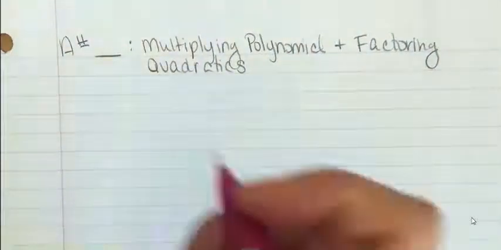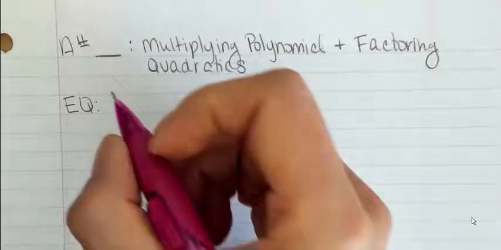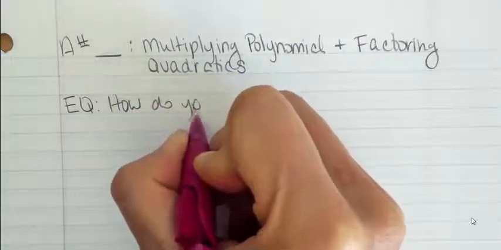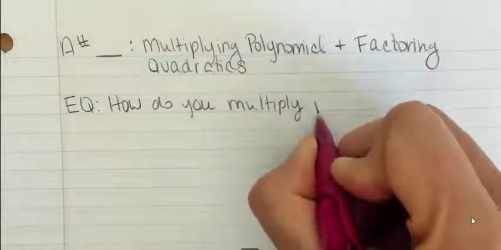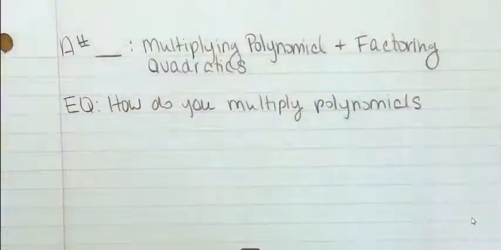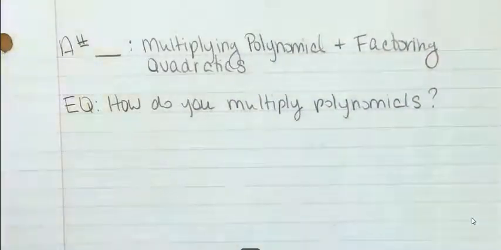All right, so we're going to do an essential question. How do you multiply polynomials? What is the special multiplying pattern for two binomials?